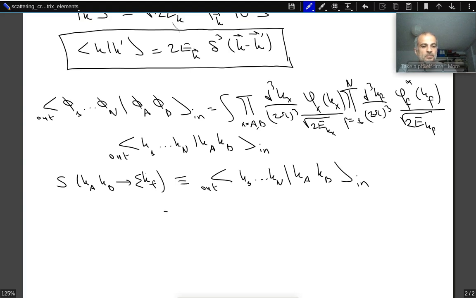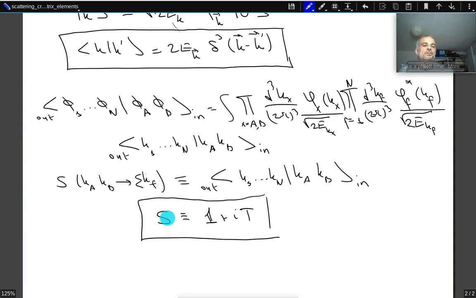So usually the T matrix is defined as S is equal to the identity matrix plus I times T. So here S is a matrix whose matrix element is defined in this form. If we take out this identity, it describes the processes in which nothing changes, essentially no scattering, and this T will contain the dynamics of the system.